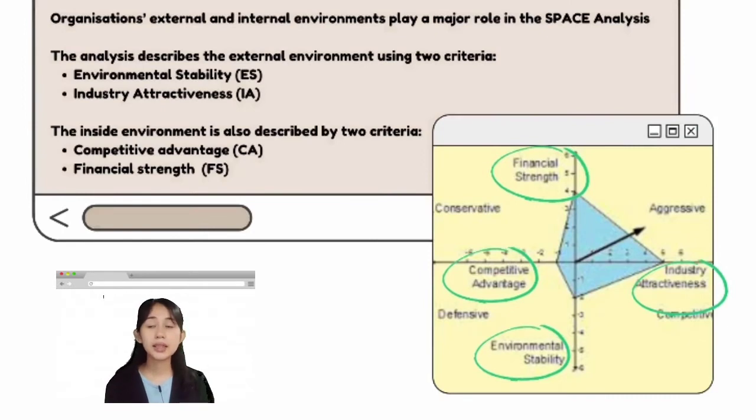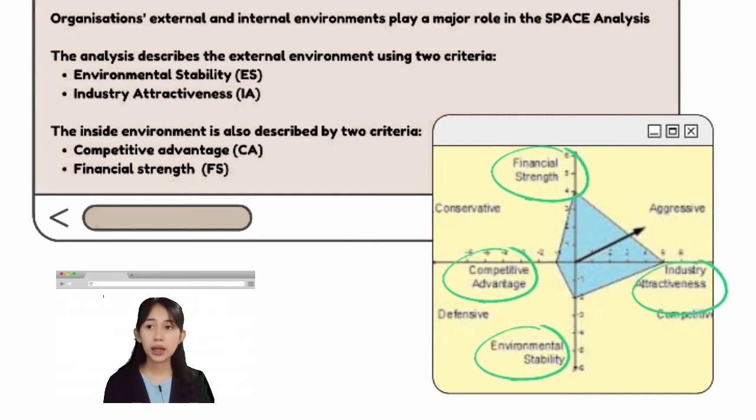The analysis describes the external environment using 2 criteria. First, environmental stability. Second, industry attractiveness. Environmental stability is influenced by the following sub-factors: technological change, inflation rate, price range of competitive products, price elasticity of demand, and pressure from the substitutes.